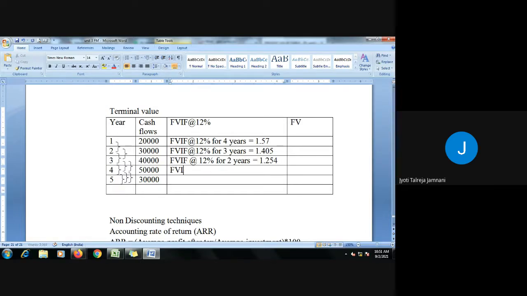Future value interest factor at 12% for 1 year, because we are in the fourth year, which is going to go from 4 to 5 in future. Okay. And the value is 1.120. Last one, future value interest factor at 12% for 0 years. And for 0 years, it is always equal to 1.